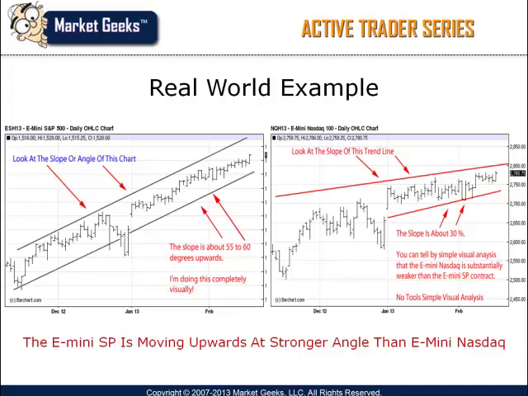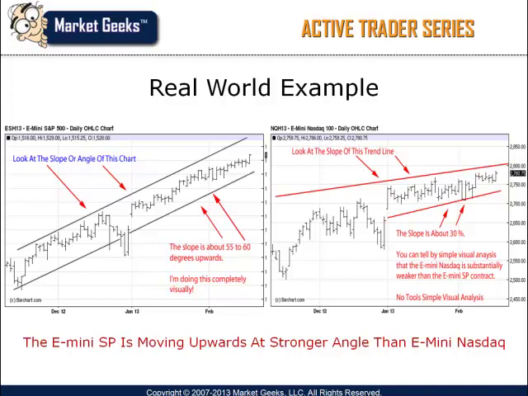Take a look at the chart of both the E-mini S&P and the E-mini NASDAQ contract going back a few months. You can tell by looking at these two graphs that the E-mini NASDAQ futures contract is the weaker one of the two. This gives me a good indication of the relative strength of the E-mini S&P futures contract as compared to the NASDAQ futures contract.